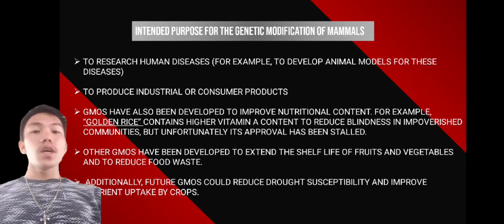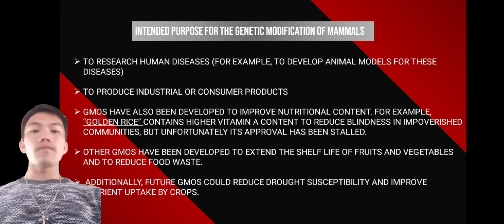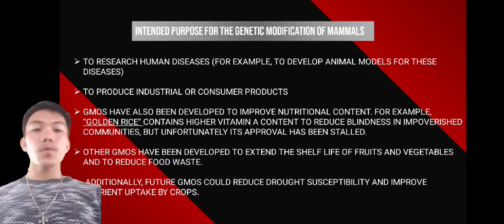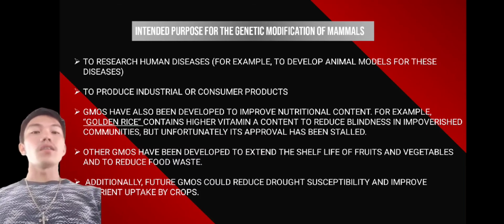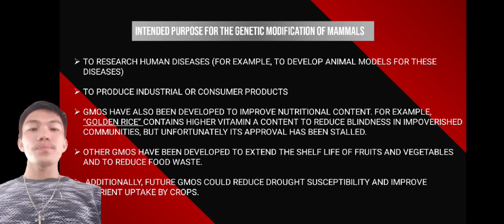Knocking out genes responsible for human genetic disorders allows researchers to study the mechanism of the disease and to test possible cures. So, mammals are a group of vertebrate animals.